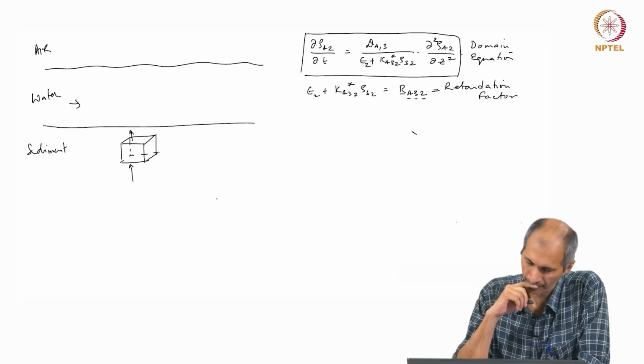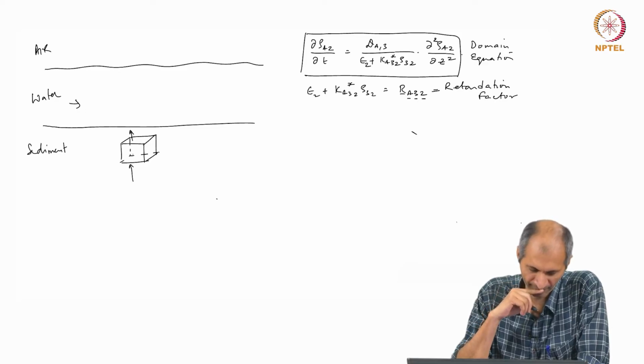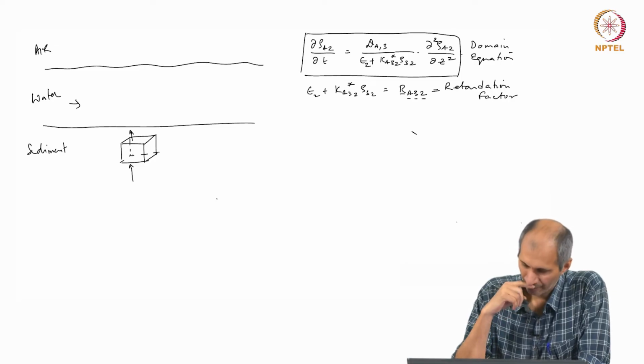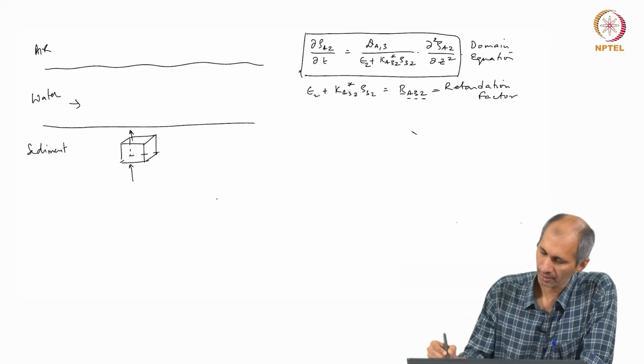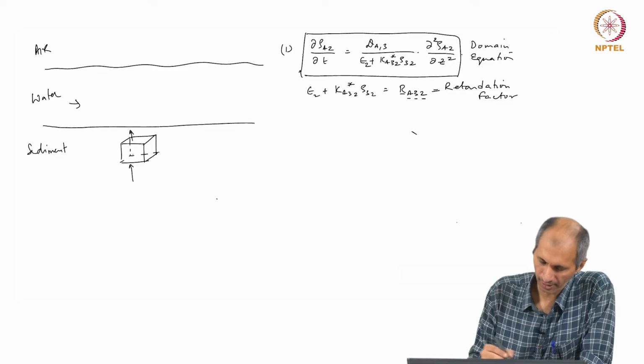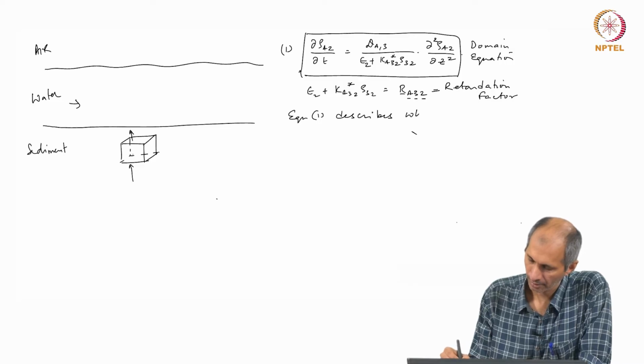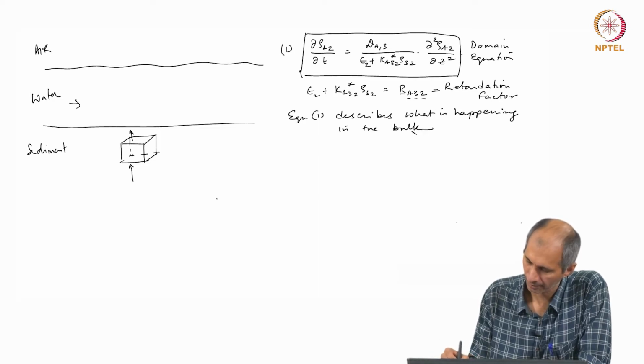Okay. Which means that this equation, equation 1, describes what is happening in the bulk of the sediment, of the domain, and that is why we call it the domain equation.